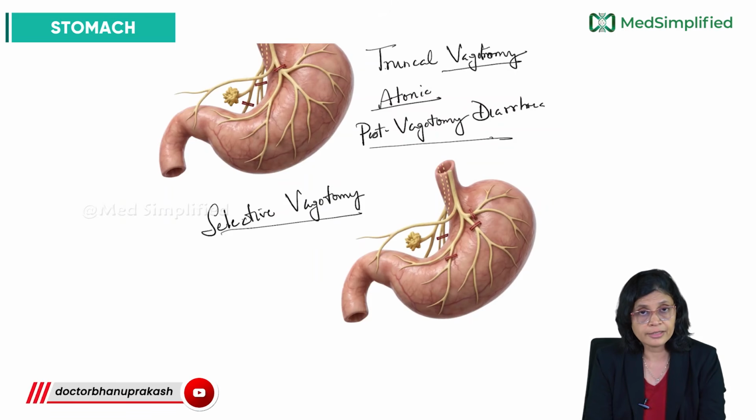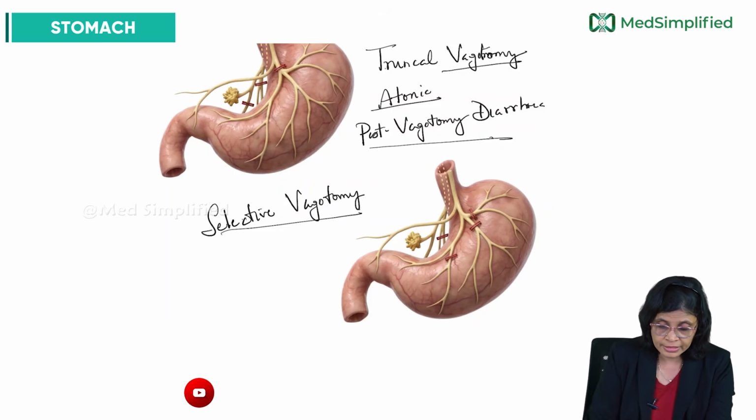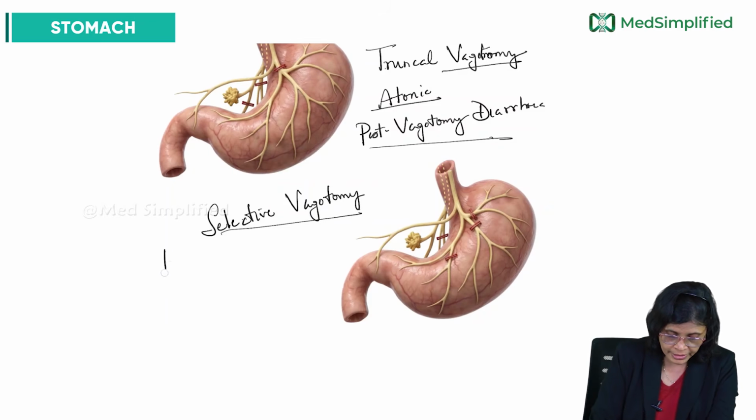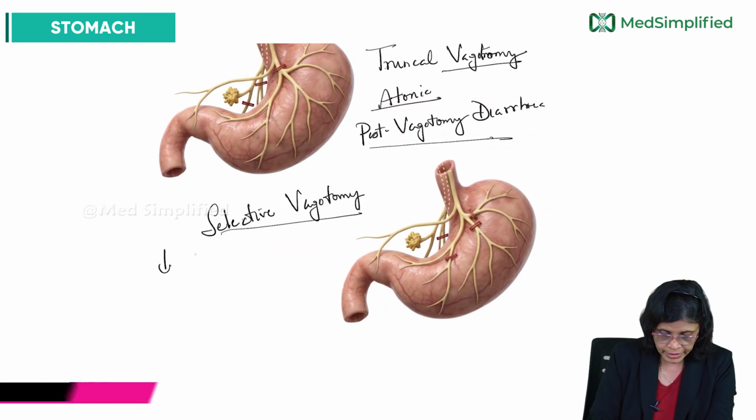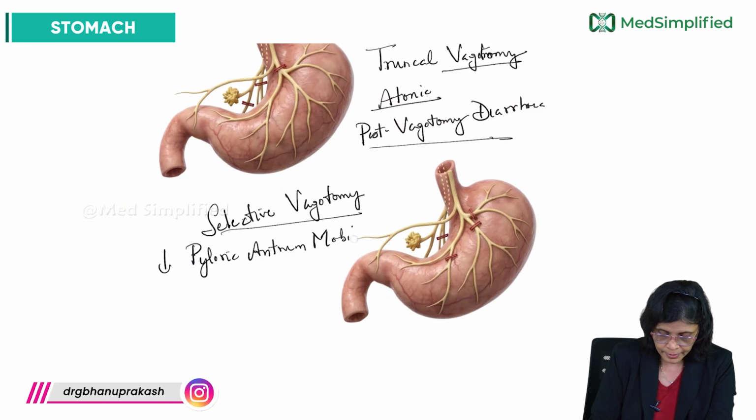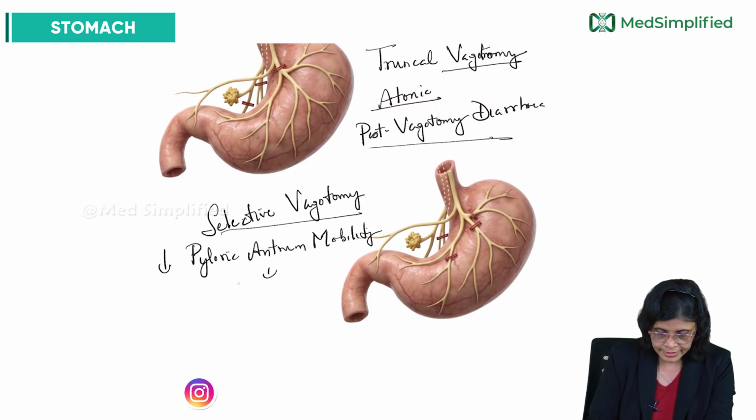But again, though we are only sectioning the nerve supplying the stomach, still it has complications. Why? Because it decreases pyloric antrum motility, and again that results in decreased gastric emptying.